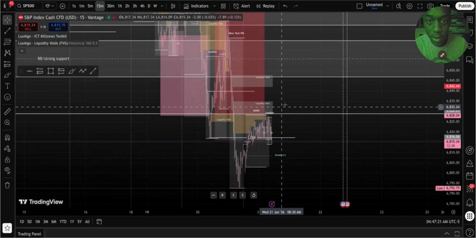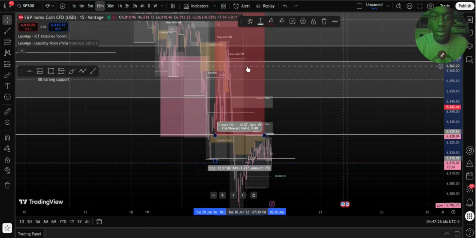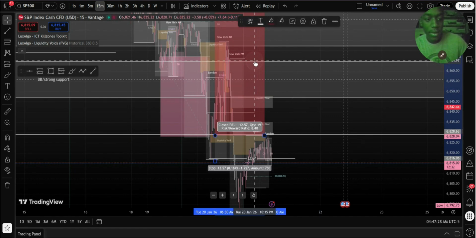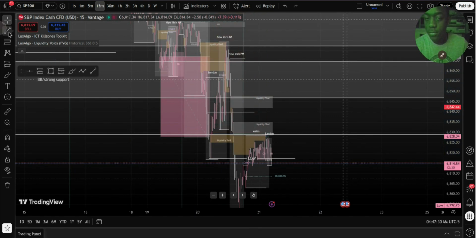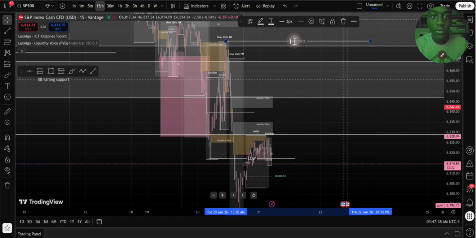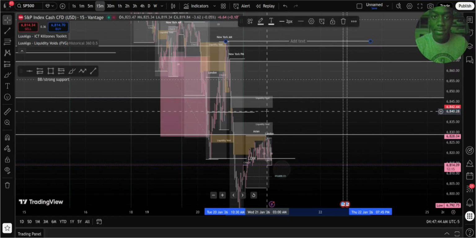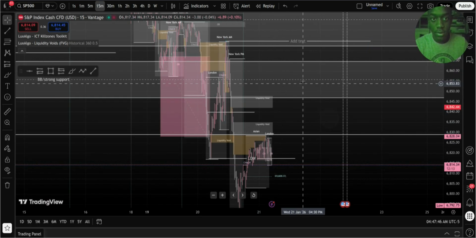So far, no major high has been broken. The most recent major high is right here. That means for there to be a shift in the trend, this would have to be broken.